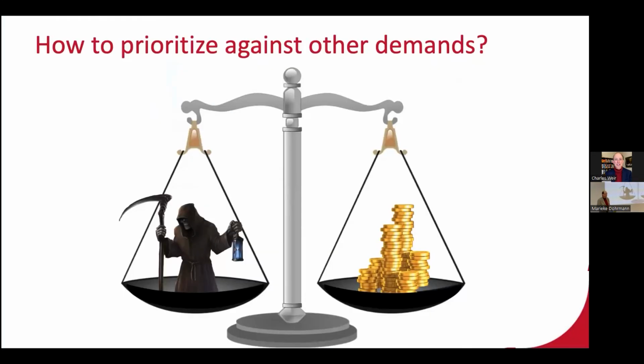And the first question that they came up with was, here's a list of problems we've identified. We've been looking at OWASP. Here's a list of the problems we've identified using your threats. We know we want to fix all these problems. How do we prioritize them against other demands? Please, Charles, tell me which things should we do first?